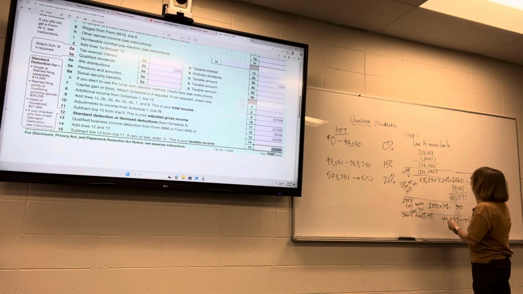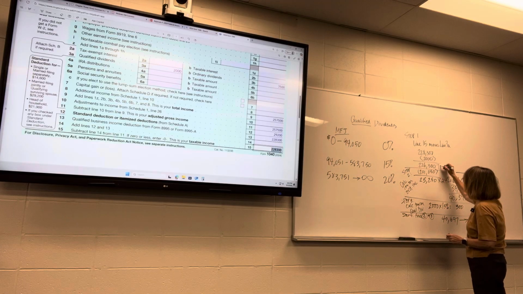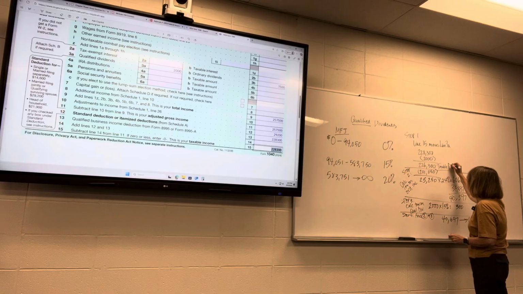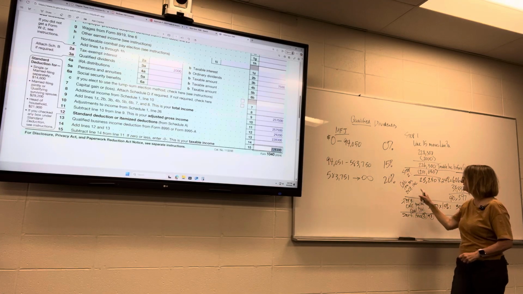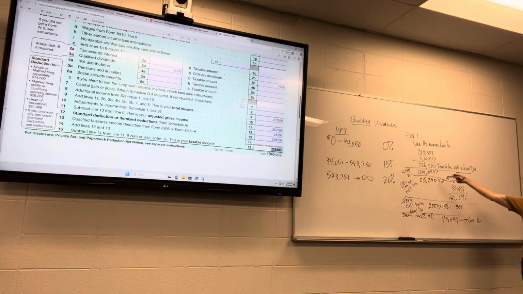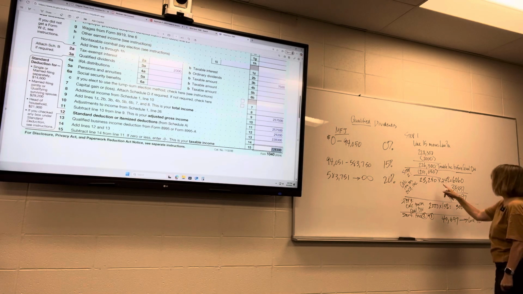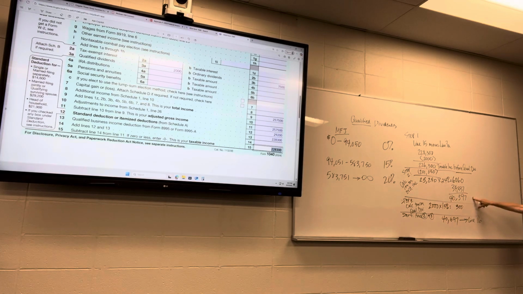This gets us to our taxable income before qualified dividends. Then calculate the tax on the ordinary income. We know how to do that. Use appendix F to do that calculation.